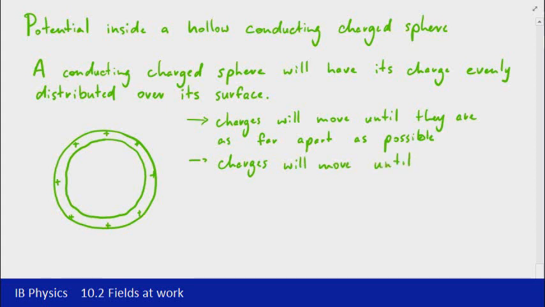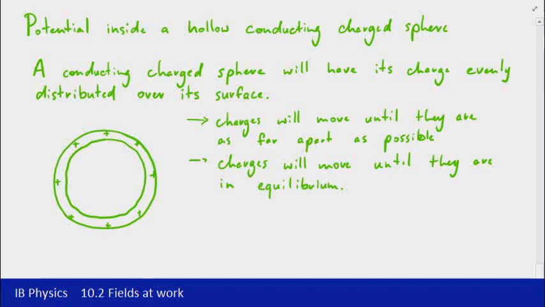And by that we mean that the forces on each of the charges are balanced. So in this sort of arrangement where they're equally spread across the surface of the conductor, that's when they'll be in equilibrium, when the charges are all evenly distributed.